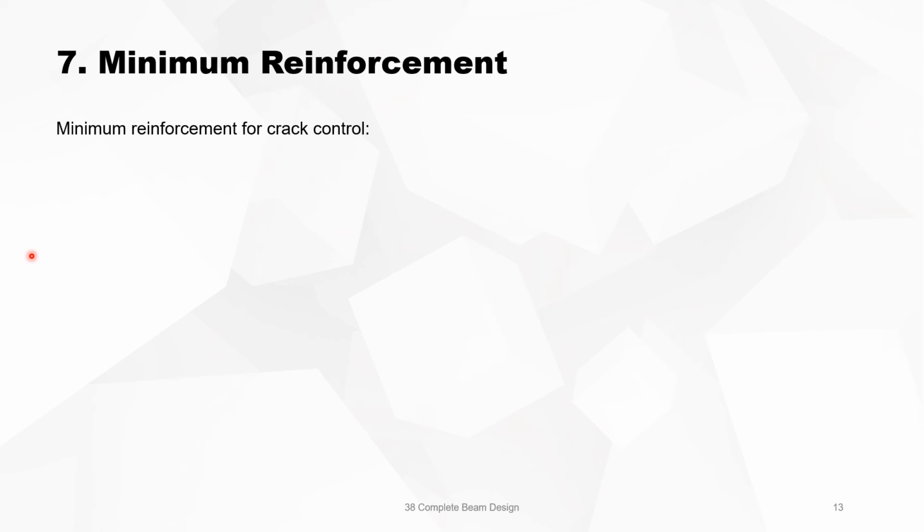Now we go to the minimum reinforcement. We are going to calculate the minimum reinforcement for crack control. Sigma s is 500 megapascal, so we do not put a limit to the crack width when we are calculating minimum reinforcement in this case.